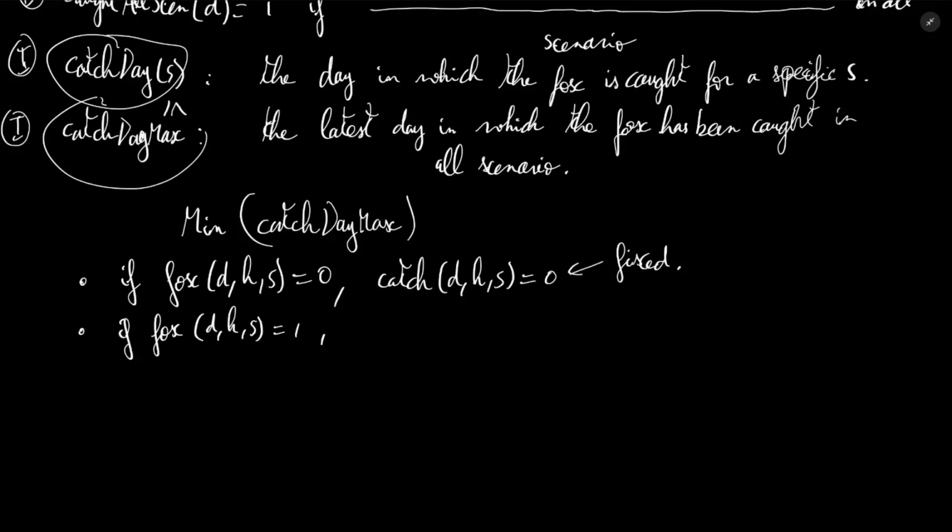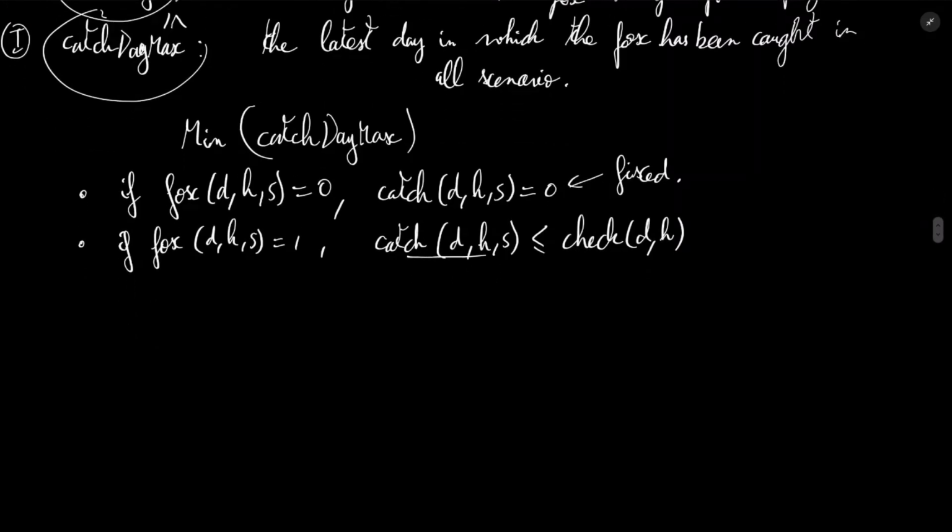If we are not checking it, then we are not going to catch the fox for sure. So in that case, what we can say is that catch DHS is lower than check DH. And again, the reason why is because if check DH is equal to 0, we don't check the hole in that specific day, then in all possible scenarios, we are not going to catch the fox.